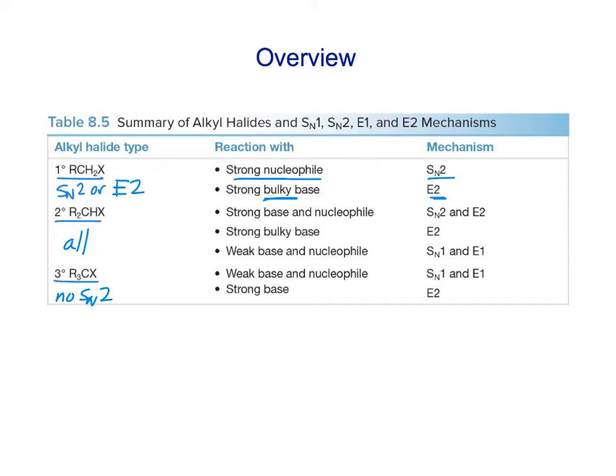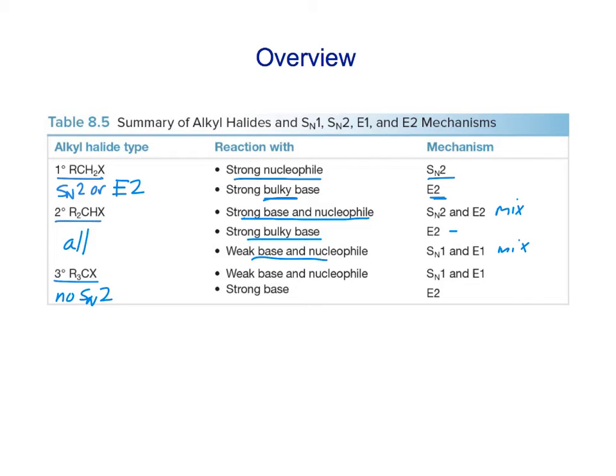For secondary alkyl halides, if we have strong bases and or nucleophiles, we will get a mix of SN2 and E2. If we have a strong bulky base, we can push that predominantly to elimination, to E2. If we have a weak base or nucleophile, we usually get a mixture of SN1 and E1.